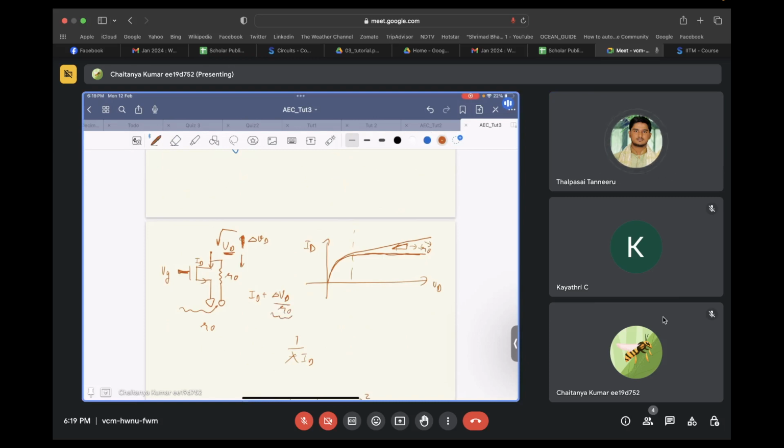This is what is creating the slope in your ID versus VD characteristic. You understand?